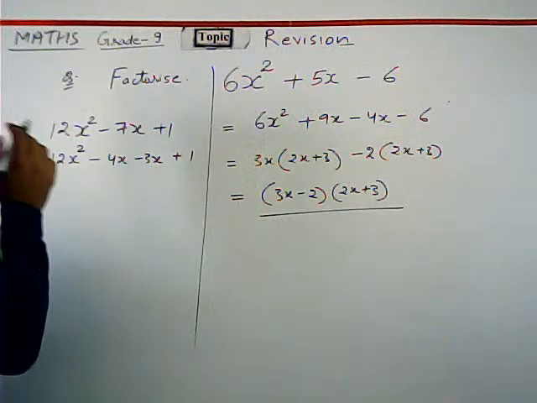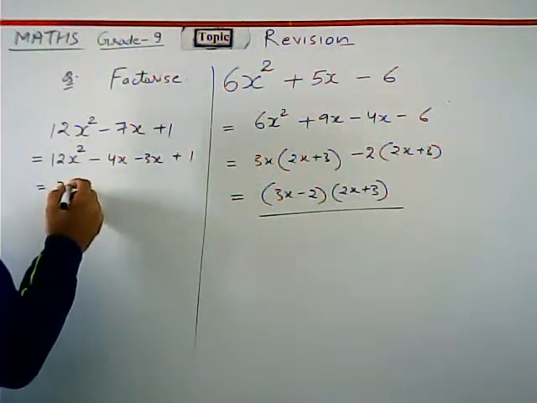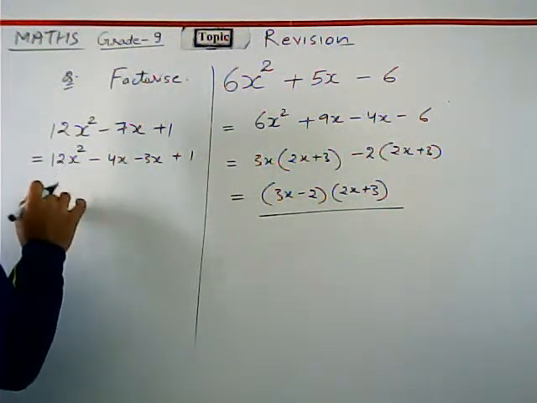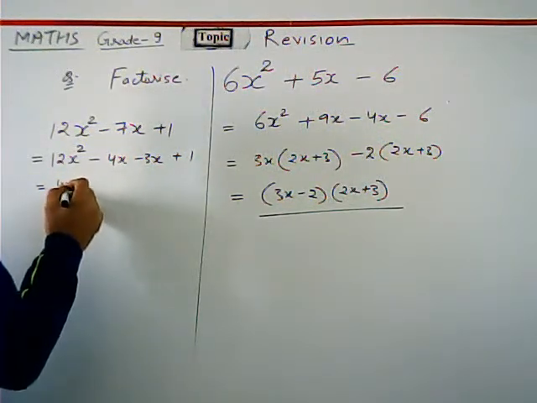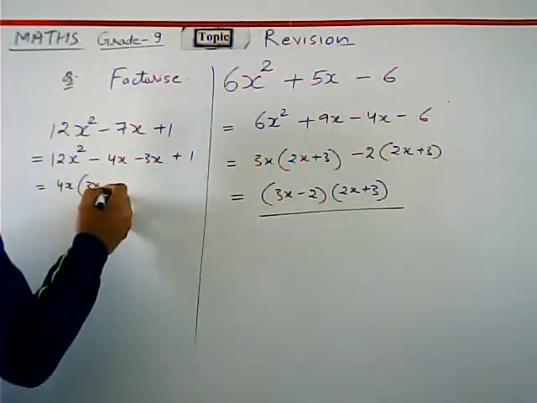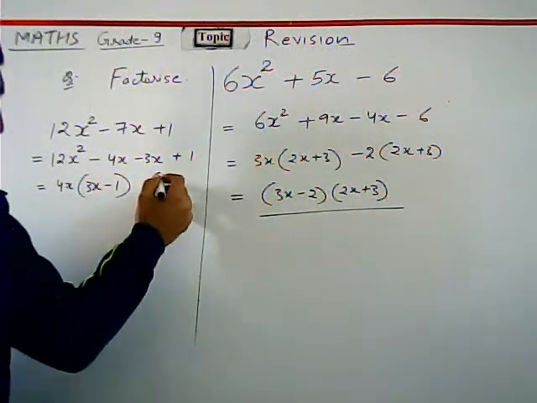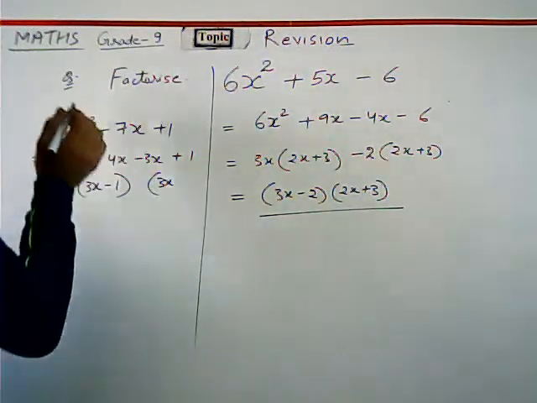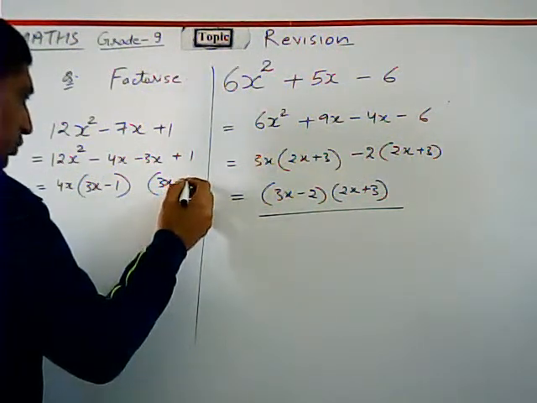So we can start with 4x into 3x minus 1, and minus 1 into 3x minus 1.